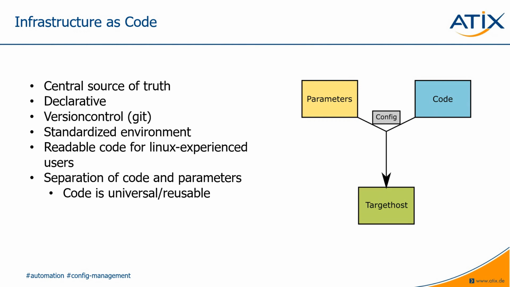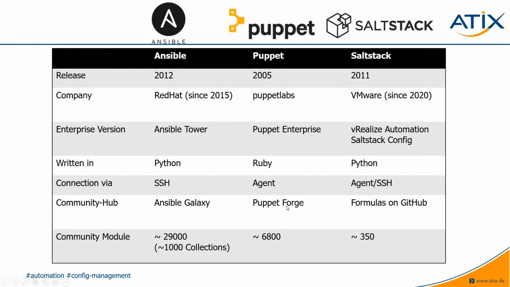And how this works is different between those tools. So let me come to the 3 different tools we want to have a look at. There is Ansible, Puppet, and SaltStack. And if we have a look at the release dates, we see that Puppet is the oldest one and is still a common configuration management tool in IT infrastructure.